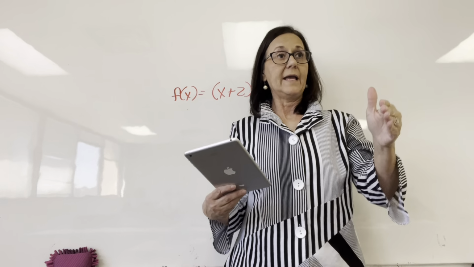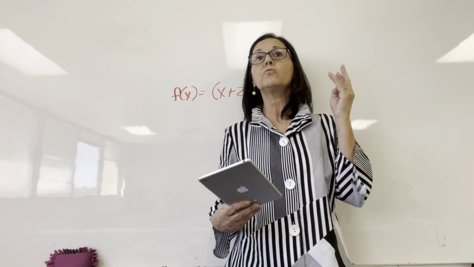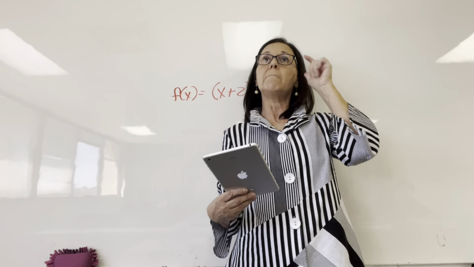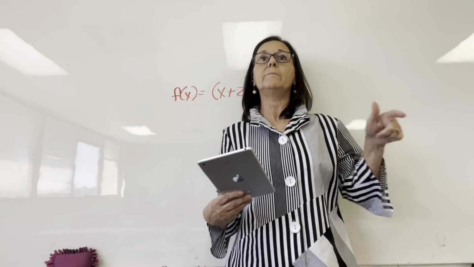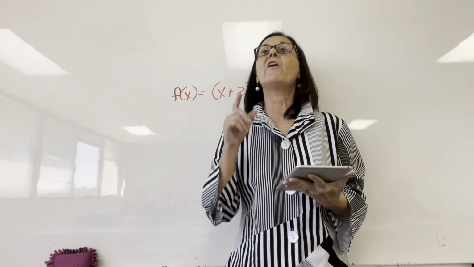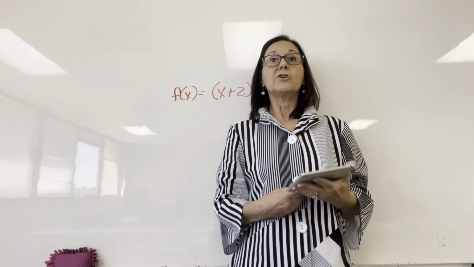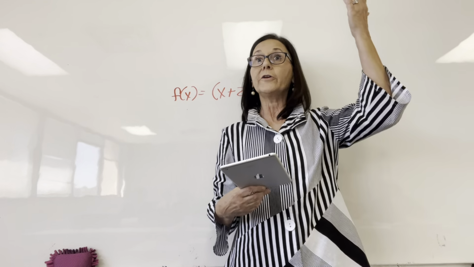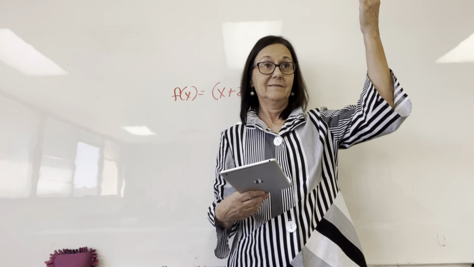I have 1 y-intercept. In order to graph a parabola, what is one of the most important points to graph it? The vertex. So your vertex is either going to be your min or your max. Got it?